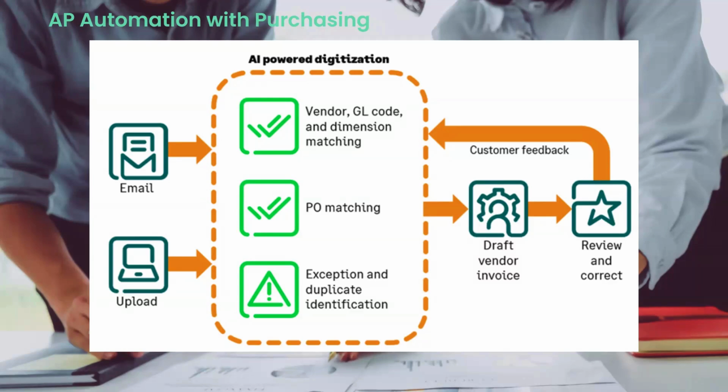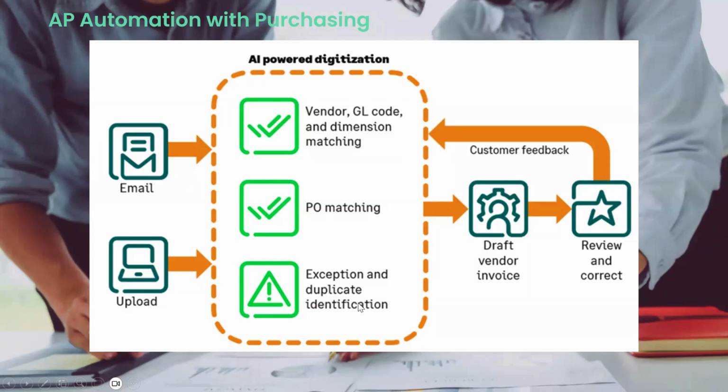So instead of converting your purchasing transactions directly to a vendor invoice, you can let Sage Intacct do that for you. So the steps are identical to AP automation. We use the email or we upload those through the automated processing, which you can see here in the diagram, either the email or the upload.